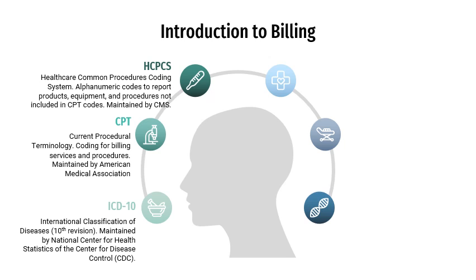I will dive deeper into the differentiation between level 1 and level 2 HCPCS, but what's important to understand from this is that there are going to be times when you are using the HCPCS codes, and typically that is going to be when you are reporting the use of product, equipment, or procedures that are not a part of the CPT code. And HCPCS are maintained by CMS, Center for Medicare and Medicaid Services.